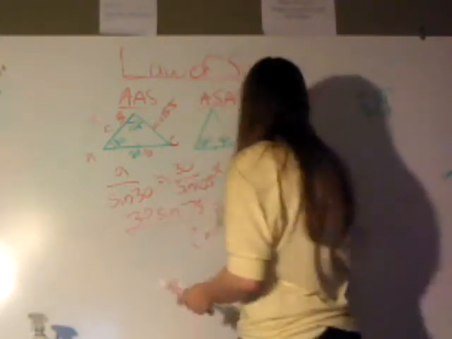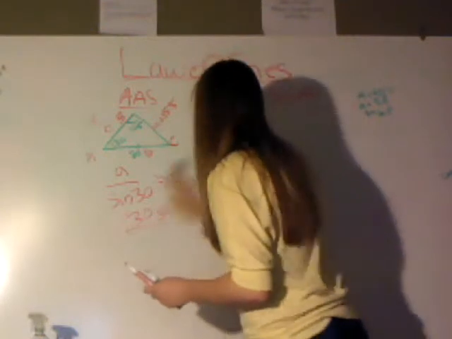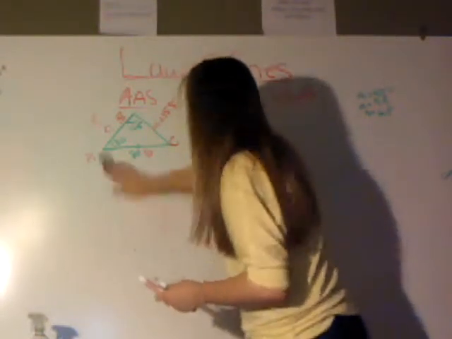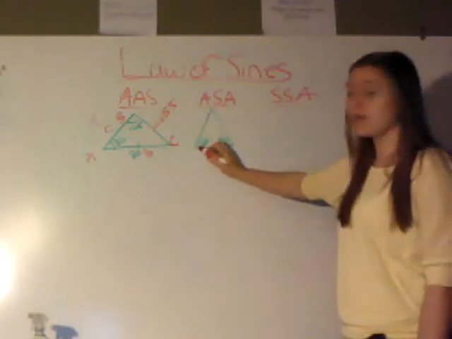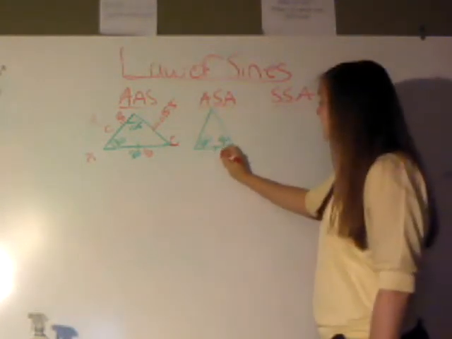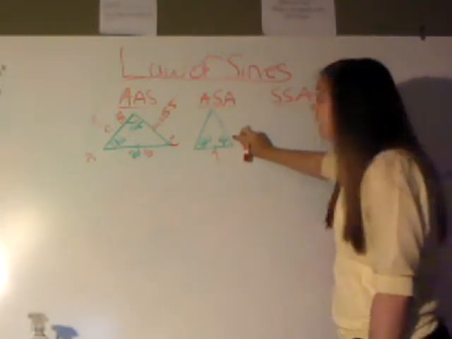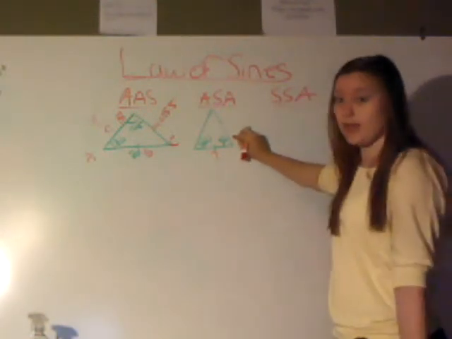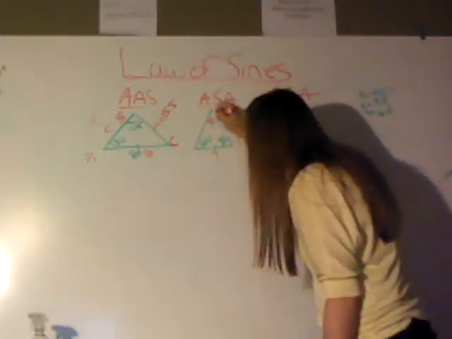Now we are going to move on to angle, side, angle. So we have 60 degrees in this angle, we have 7 for the side, and 50 for this angle. And knowing there's 180 degrees, this top angle is going to be 70.